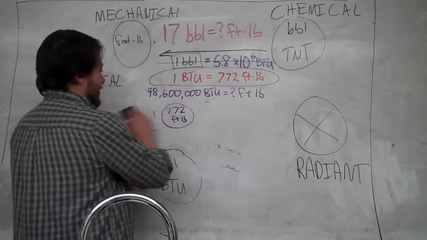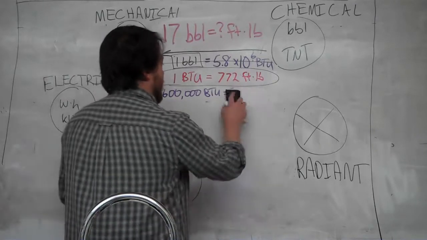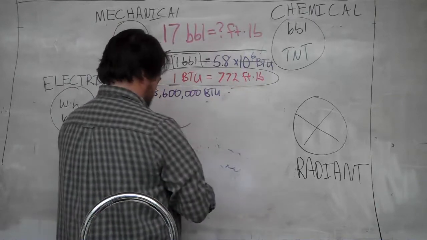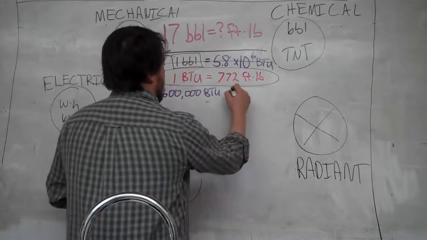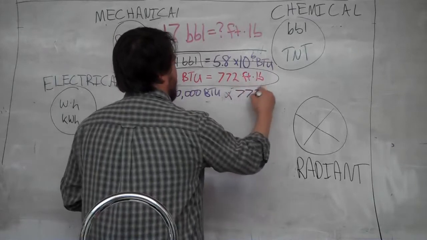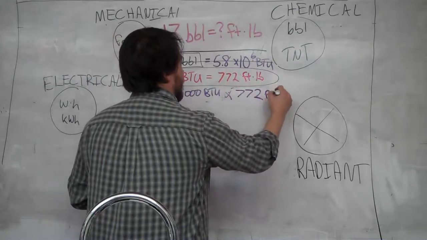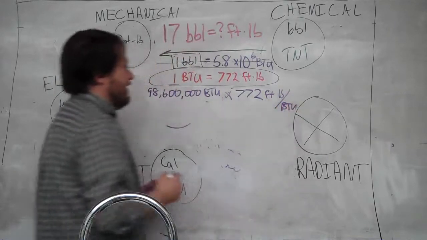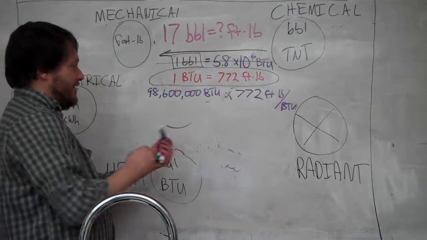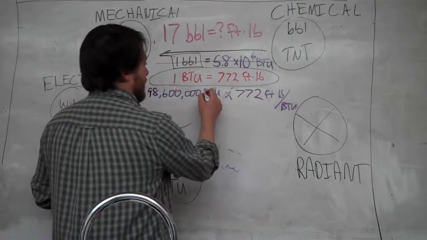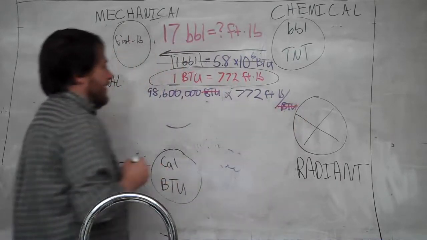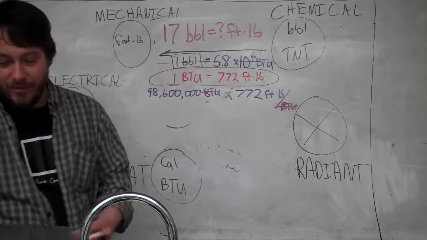We have to do 98.6 million BTU times 772 foot-pounds per BTU. Because it's foot-pounds per BTU, the BTU is over BTU, so we can just cancel that out. That's going to leave us with an ungodly number of foot-pounds.